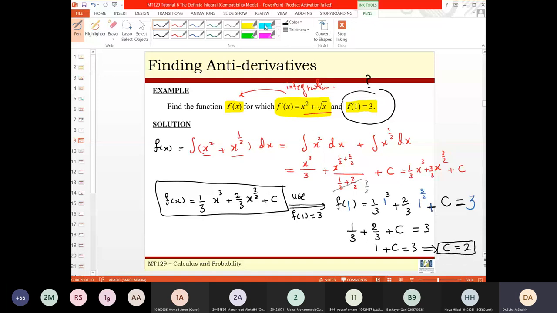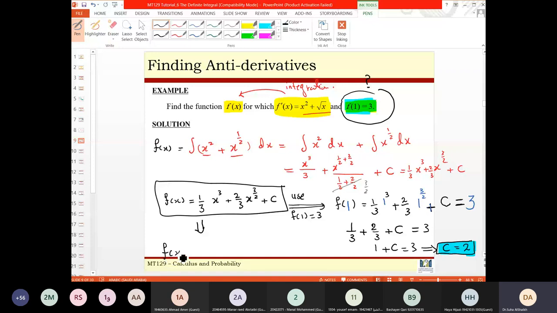Good. So I got the c value now. Do you see the benefit of this? I got the c value. So this implies my function is f of x equals third x to the power 3 plus 2 over 3 x to the power 3/2 plus the constant c, which is 2 now.